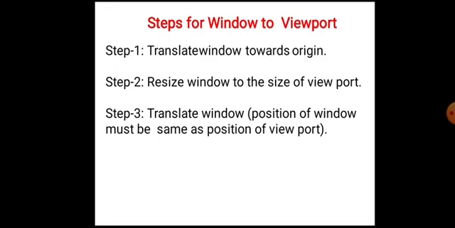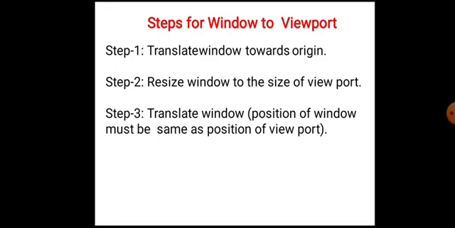Next we discuss window to viewport transformation. These are some steps which are used for the window to viewport transformation. Mapping of a geometric model from a model coordinate system to a user coordinate system is referred to as viewing transformation or window to viewport transformation.